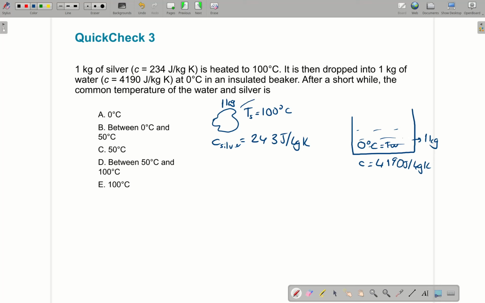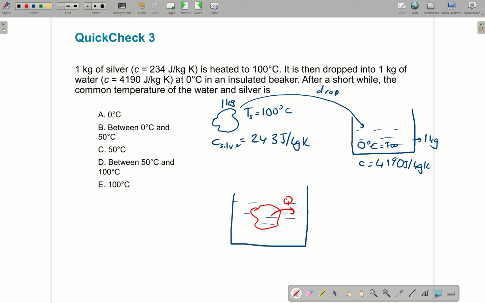And we drop this guy into water. Drop. What happens? They will have a heat exchange, right? Let me draw the silver red here. Silver will give some heat to water. Water will take some heat. Right? So this is given by silver.